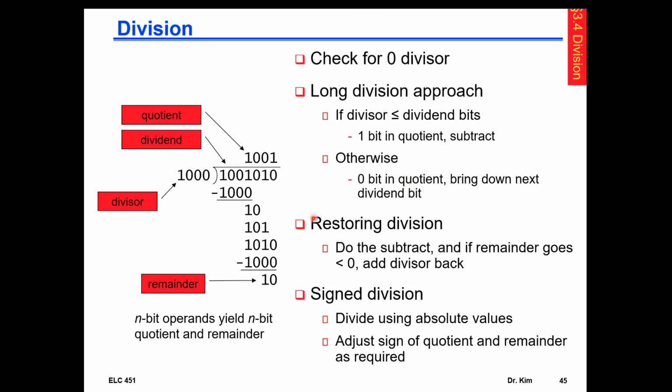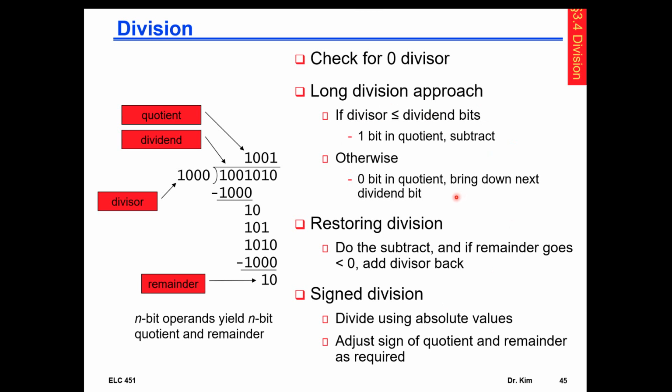An optimization is to use what is called restoring division, which is that we do not subtract, to avoid those subtractions. And if the remainder goes negative, then we add the divisor back. So that gives us some improvements in performance. All this refers to unsigned division.